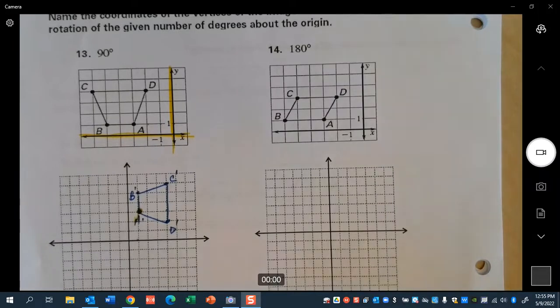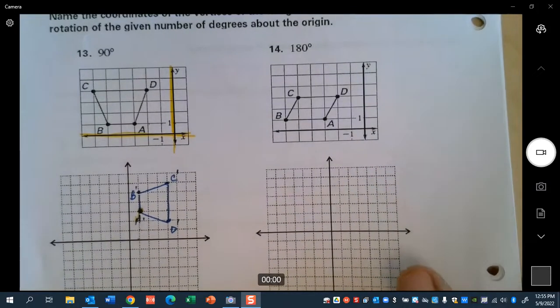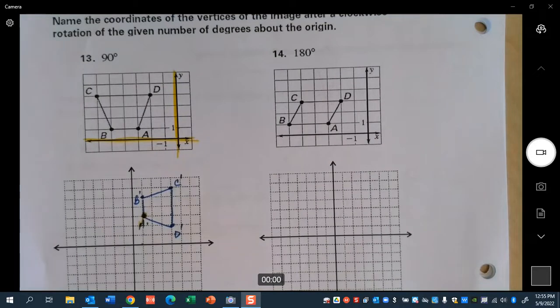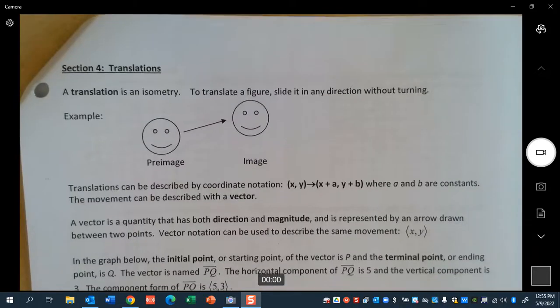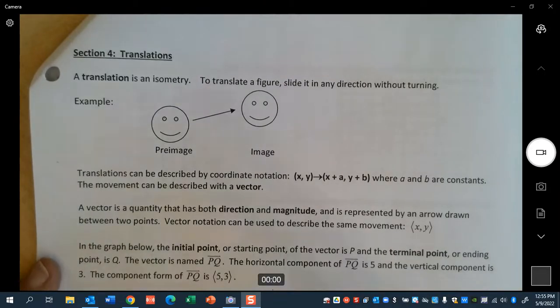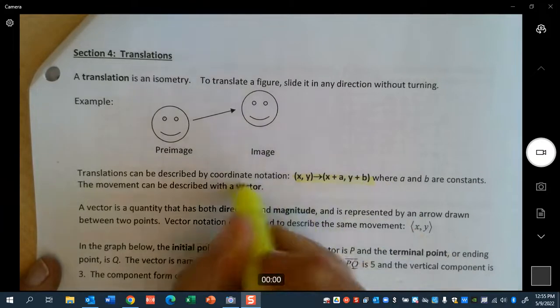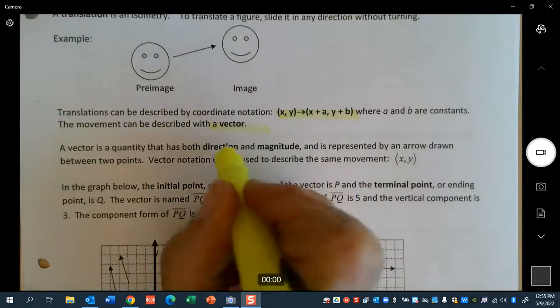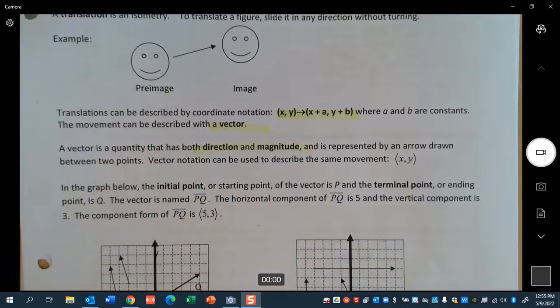So the spin-your-paper tactic turns out to be a very helpful one. All right, I want to talk to you about one more thing before I turn you loose. I want to come over to section 4, translations, and introduce you to the idea of a vector. If any of you ever watched Despicable Me, you know a vector has direction and magnitude.